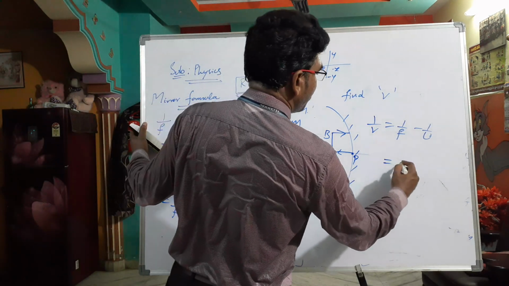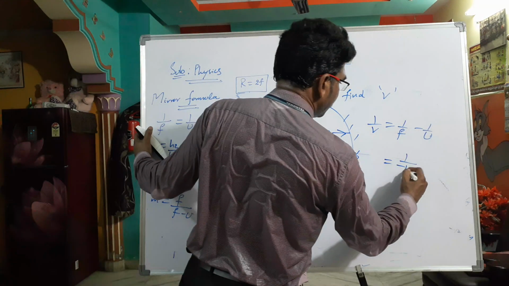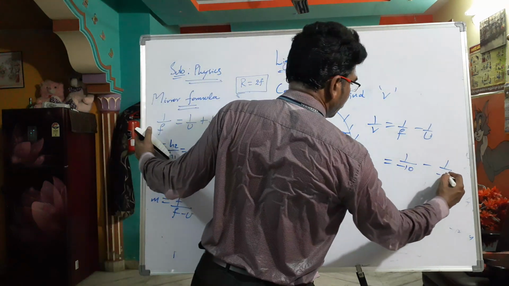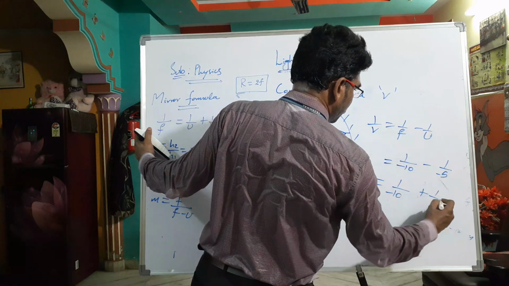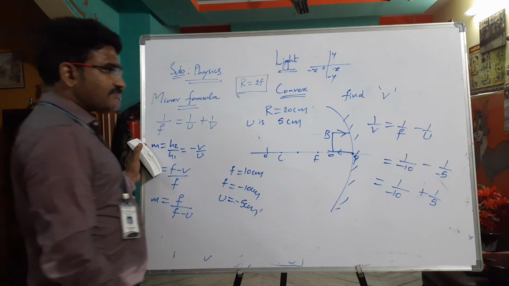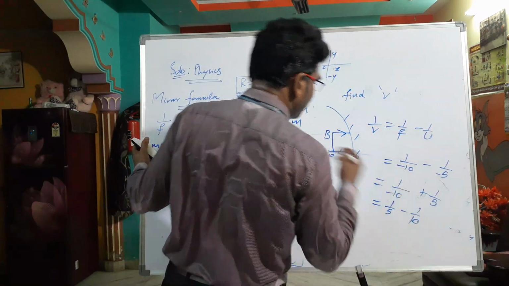Again calculate. Then 1 by F. What is the 1 by F value? The F value is the same, minus 10, minus 1 by U. What is the U value? Minus 5. Then it is going to be minus 1 by 10 plus 1 by 5, then 1 by 5 minus 1 by 10.